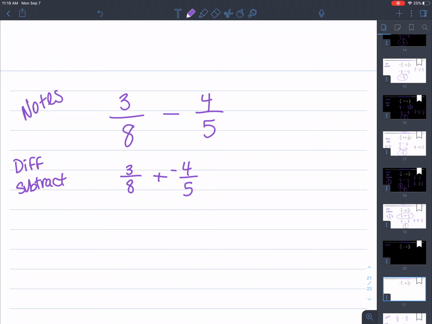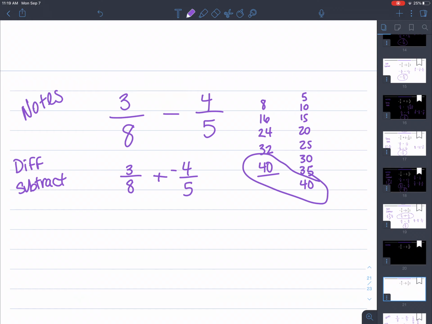But what I can do is write down the multiples of 8. 8 times 1 is 8, times 2 is 16, 24, 32, 40. I've gotten to a number that ends in a 0, so I'll come out here: 5, 10, 15, 20, 25, 30. If you remember your divisibility rules, all numbers that end in 0 or 5 are divisible by 5. So 40 is what they have in common.